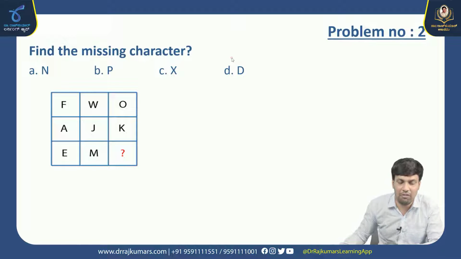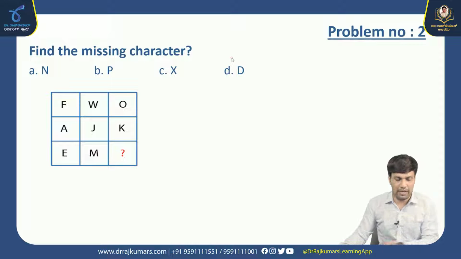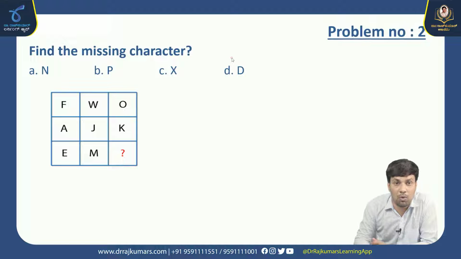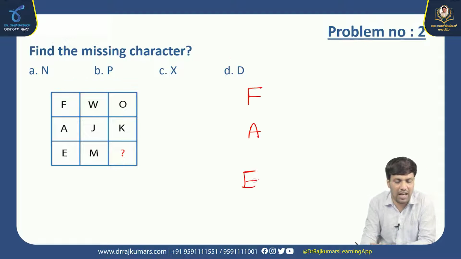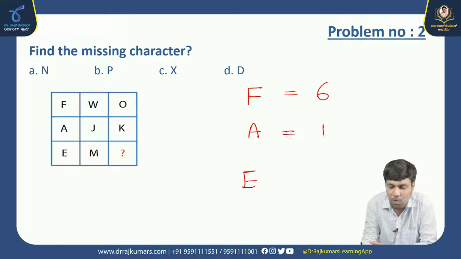In the first row, we have F, W, O. In the second row, we have A, J, K. In the third row, we have E, M and question mark. On decoding the pattern, observe only the columns. In the first column we have F, A and E. On allotting a numerical value corresponding to each alphabet, F is equal to 6 and A is equal to 1.